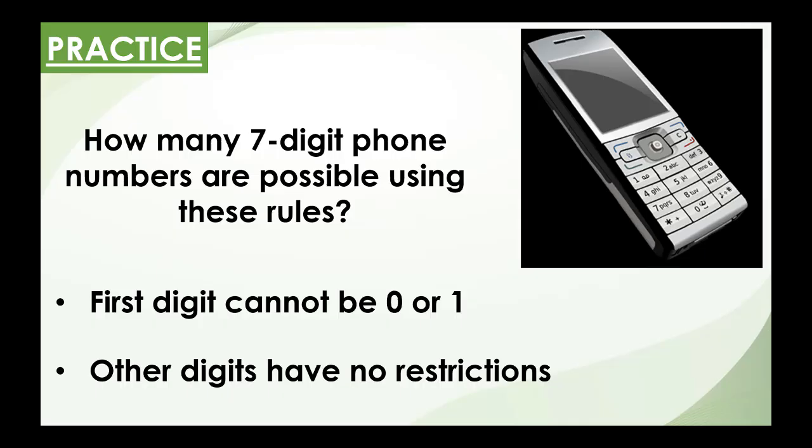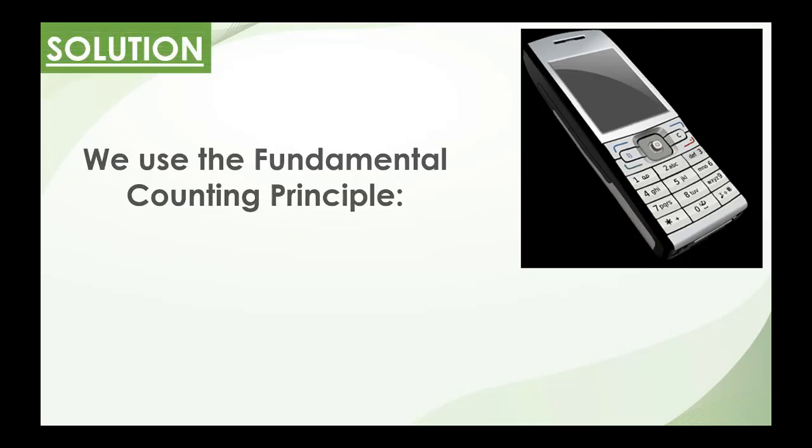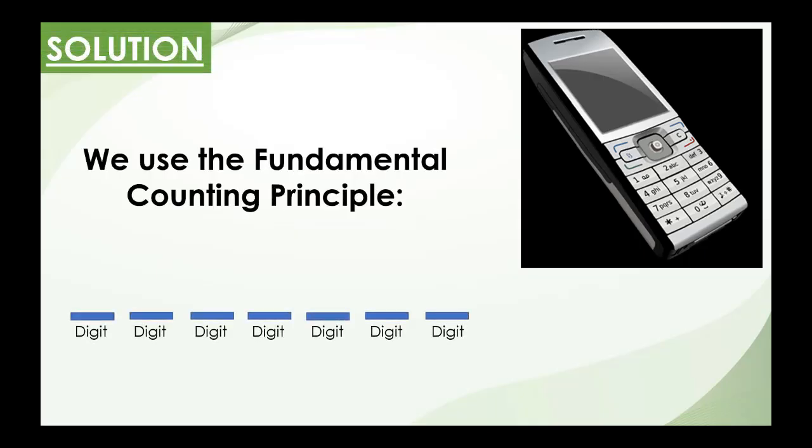Okay, so this is very much like the license plate problem. We have 7 slots to fill in. This time, they're all digits. In this case, the first digit had a restriction. We said we couldn't allow that first digit to be a 0 or 1, which means instead of 10 possible numbers that we could place in that position, there are only 8.